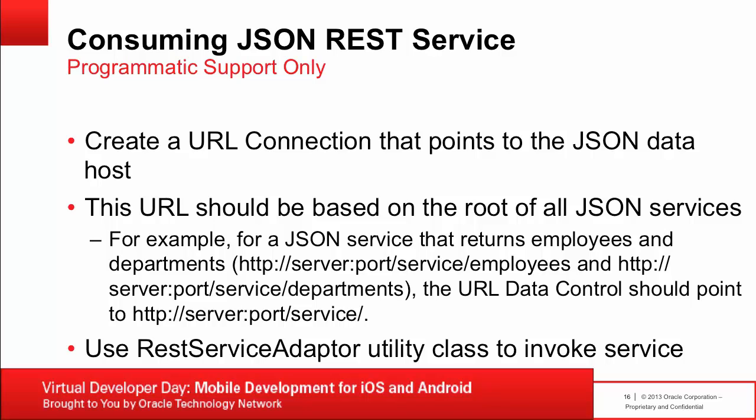To actually invoke the JSON REST service, you will need to write some Java code. You will write data objects that describe the data structure, and then a service object to invoke the JSON service and populate the data objects. You will then use the REST service adapter utility class to actually invoke the JSON REST services.